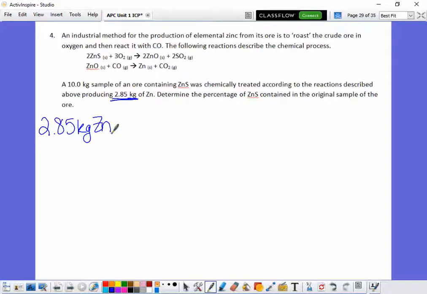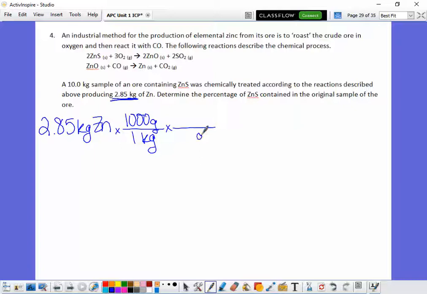So I want to take that to moles, right? Before I can take it to moles, what do I have to do with that? Convert to grams, because the numbers on the periodic table are grams per mole. How many grams are in a kilogram? 1,000. All right, so just an easy one-step unit conversion.